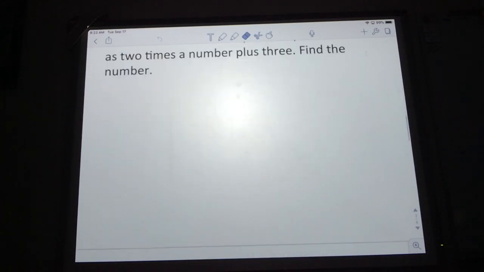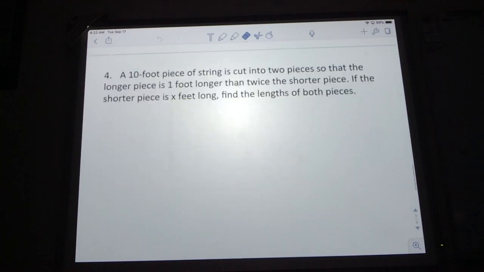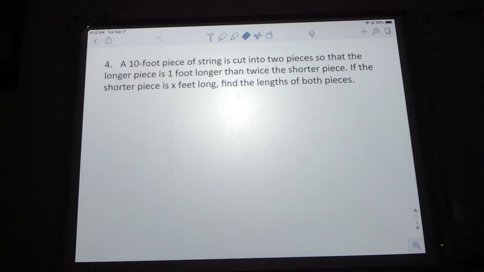We're not going to work this out, but let me tell you what I mean by logical. This is the string problem. I've referenced it already when we talked about the piece of wood cut. It appears on both exams. You're going to see this throughout the entire year. It says a 10-foot piece of string is cut into 2 pieces.